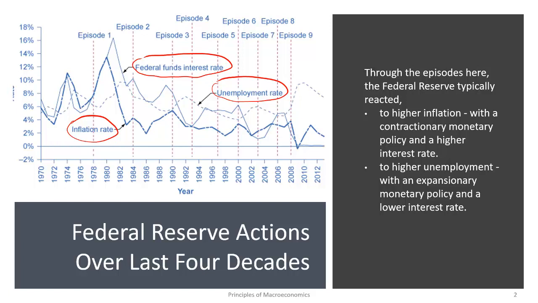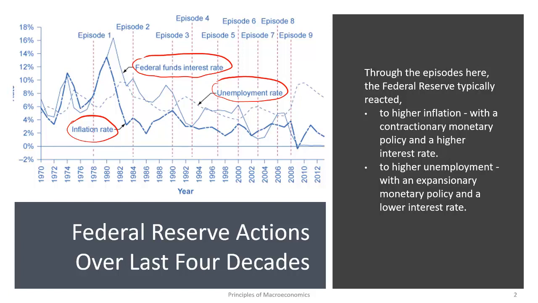Typically the Fed historically, if there is a higher inflation rate, especially during this time, the late 1970s, early 1970s, every time there is high inflation, the Fed increased the federal funds rate. How did they increase it?